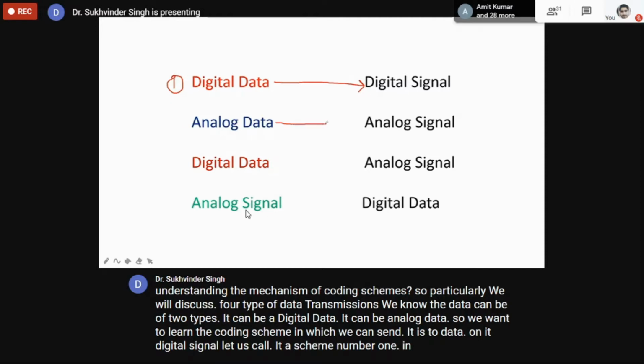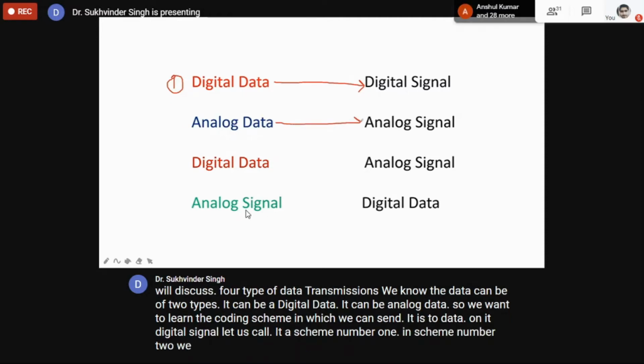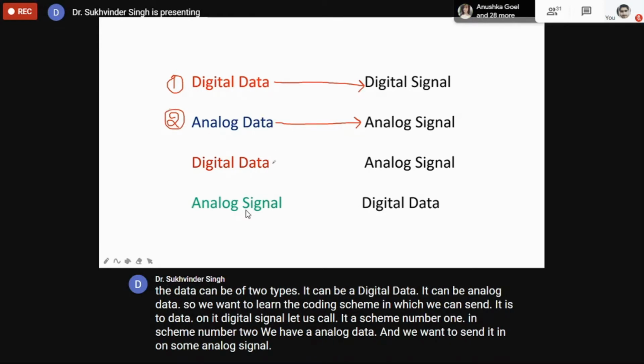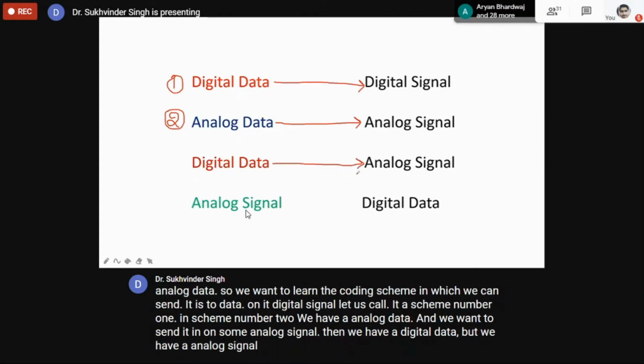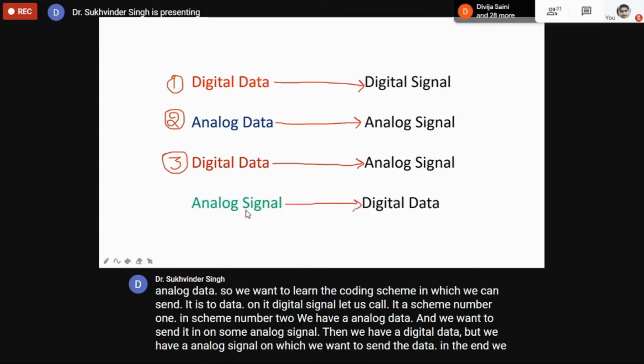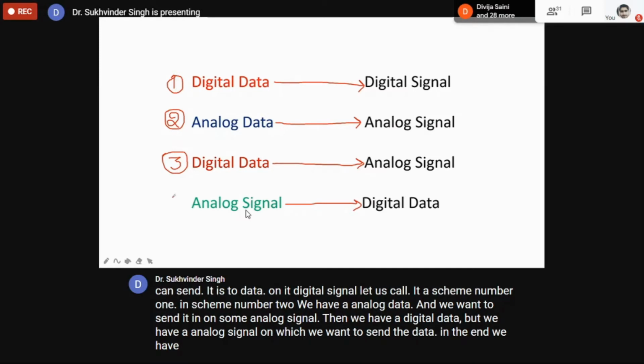In scheme number 2, we have an analog data and we want to send it on some analog signal. Then we have a digital data, but we have an analog signal on which we want to send the data. In the end, we have analog data, sorry, it is mistyped.